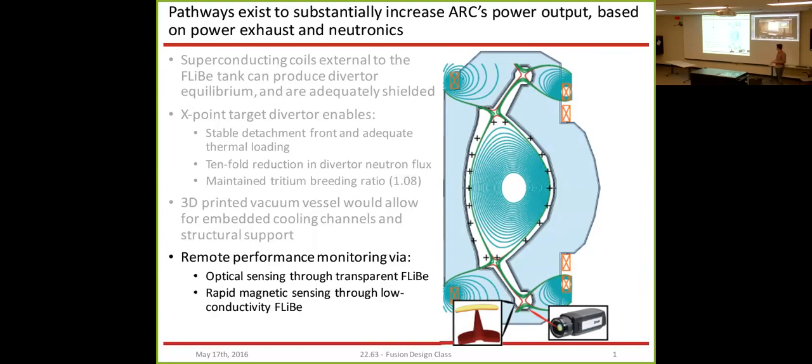One of the key innovations of this class was the realization that FLiBe, our coolant, is both visible through a few light spectrums and non-conductive, which enables us to optically sense details about the plasma, including fusion power rate, temperature, magnetic sensing, and all sorts of other information with sensors, many of which are outside of the vacuum vessel.